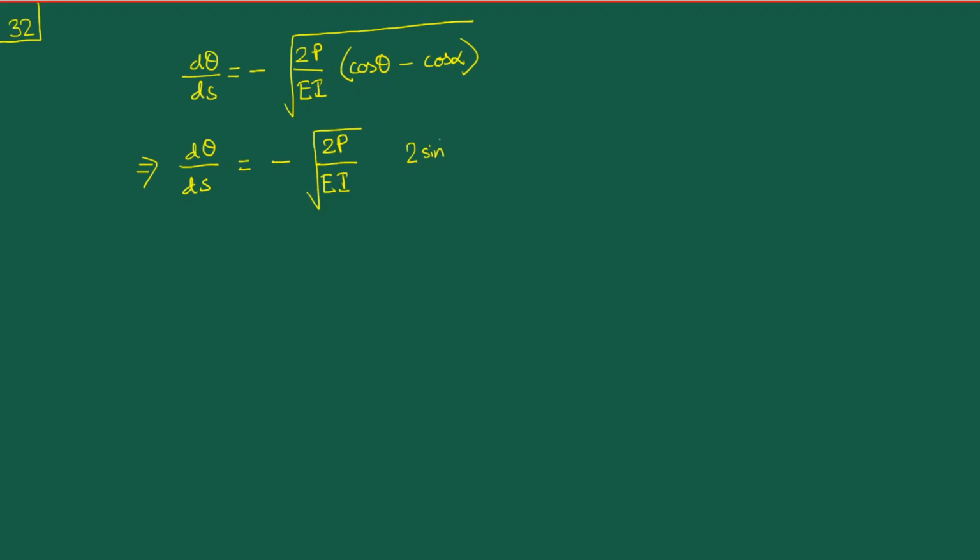Twice sine square alpha by 2 minus twice sine square theta by 2, that is also under the square root, which basically means that this is just 4P by EI. But what I'm going to do here is set it up in a fashion which will enable me to carry out an integration. Okay, so I'll write the ds, and then I am skipping a couple of steps here.